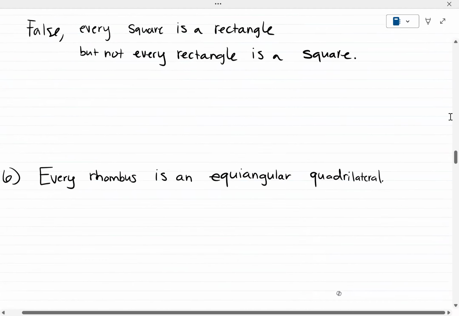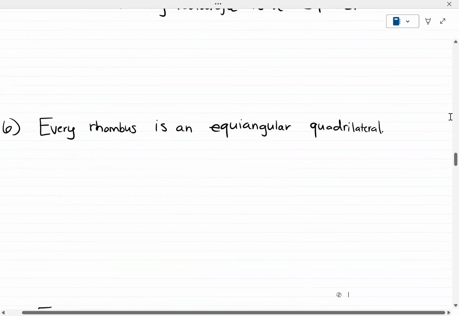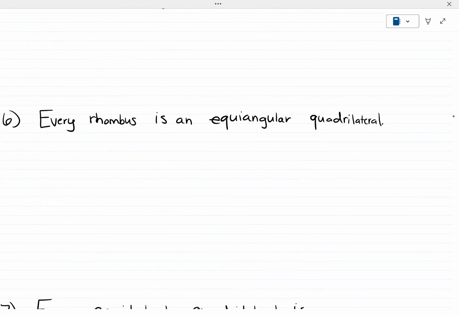Question six. Every rhombus is an equal angular quadrilateral. I think that's false.